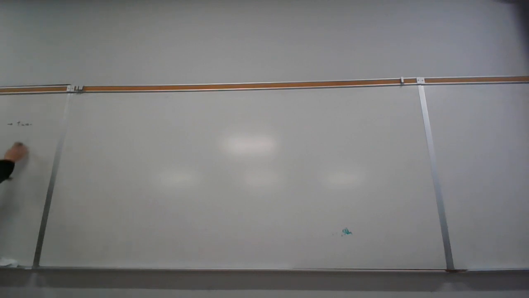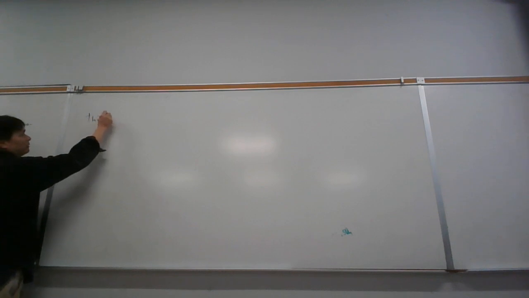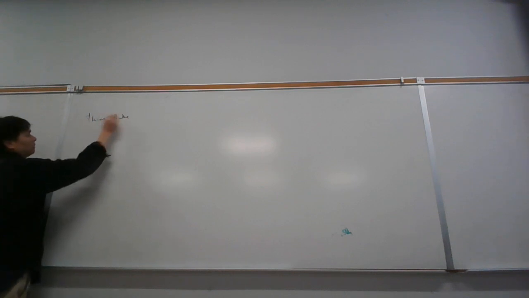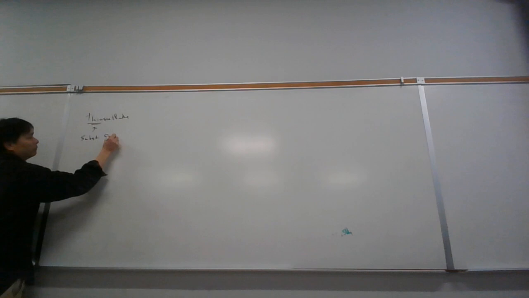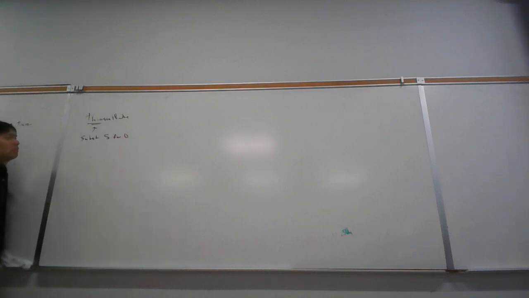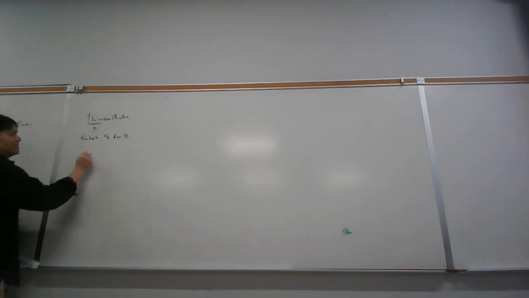Thio, we don't have to memorize these either, because the most common thio is thiosulfate. Thio means substitute S for O. And so, what is sulfate? Sulfate is SO4 2 minus.